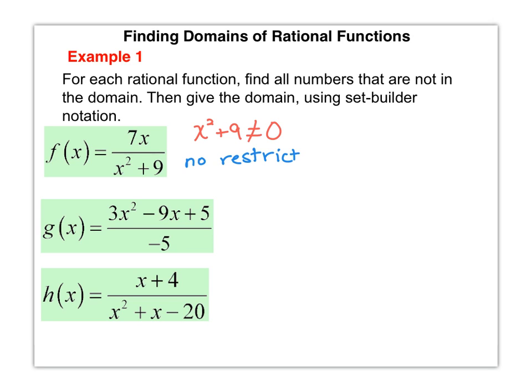So there we say that there's no restrictions, and we can also say that the domain is all real numbers. And using the set builder notation, we can write this as the domain is x such that x is a real number.